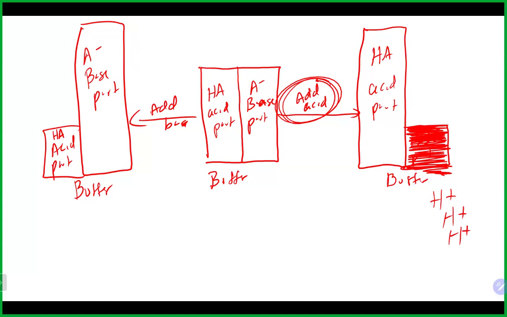Same thing over here. If you add base, you're just going to keep eating up the acid part, eating up the acid part. At some point, you'll have no more acid part to handle that hydroxide coming in, and you'll see a really big jump in the pH. By the way, that is exactly what happens at your equivalence point in your titrations.